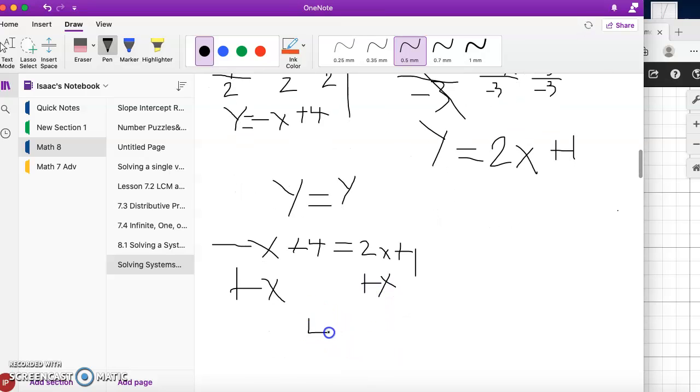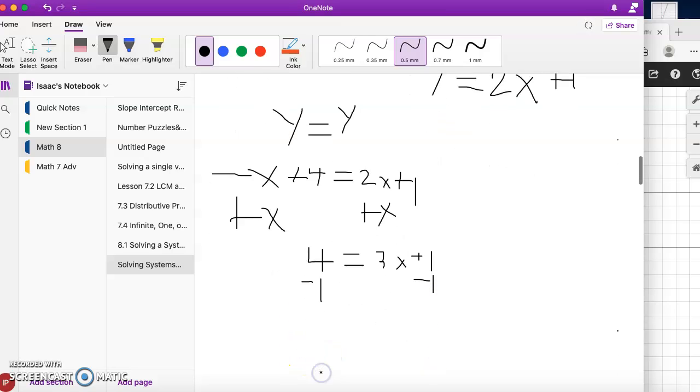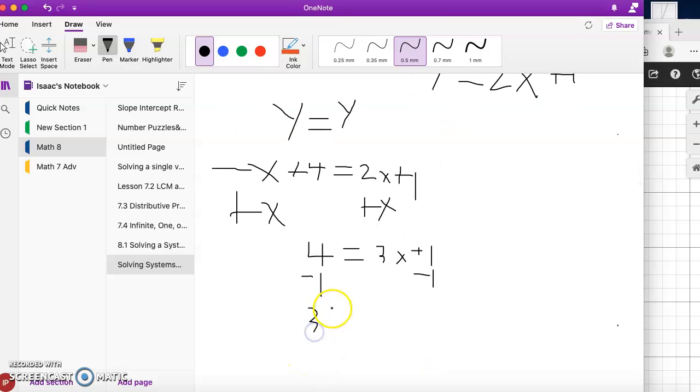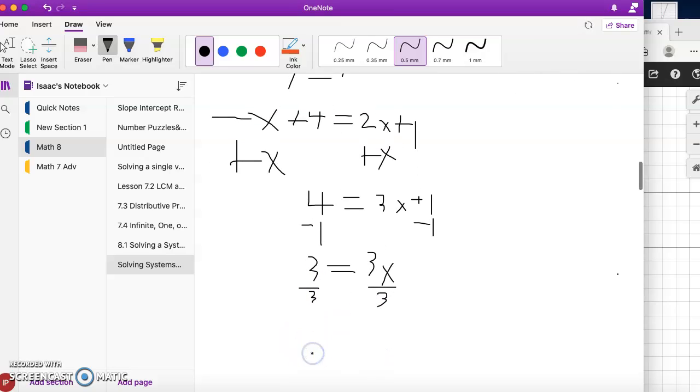We'll get 4 equals 3x plus 1. Minus 1 on both sides. My time's almost up here. 3 equals 3x, divide by 3 on both sides, and I'll get x equals 1.